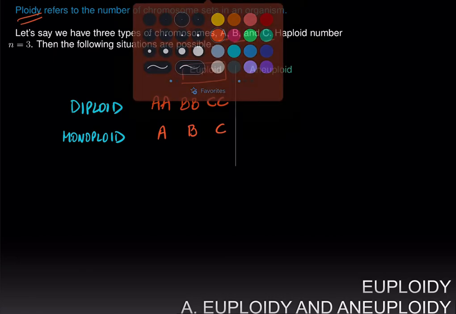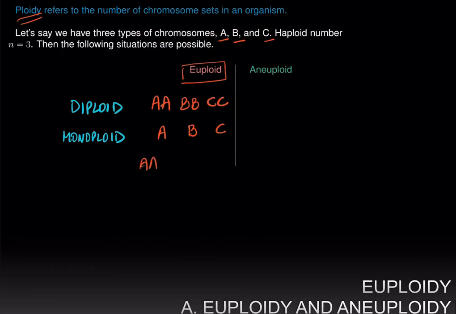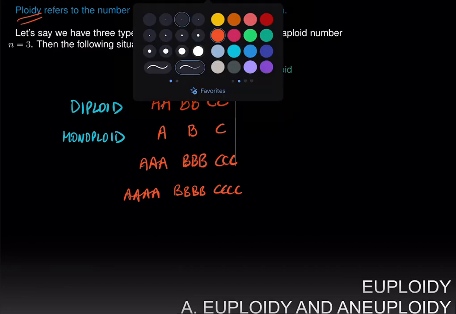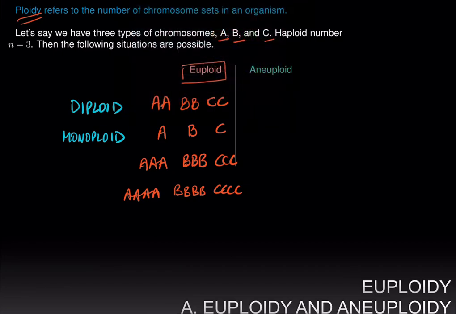Now, you could have 3 of each chromosome, or 4, and 3 sets would be called triploid, 4 chromosomes of each type would be called tetraploid, and so on.